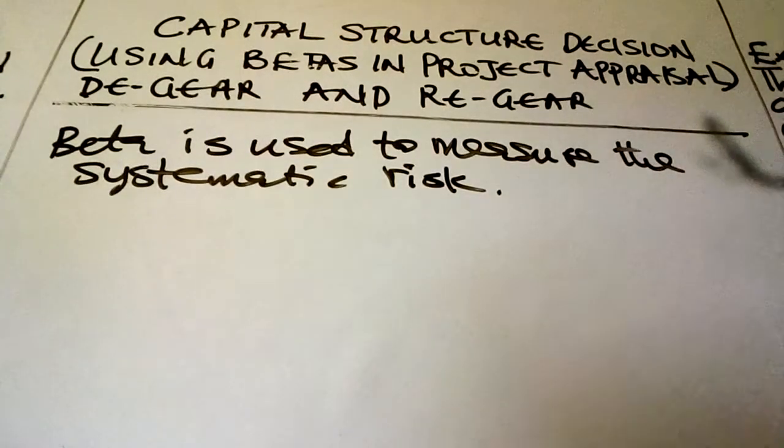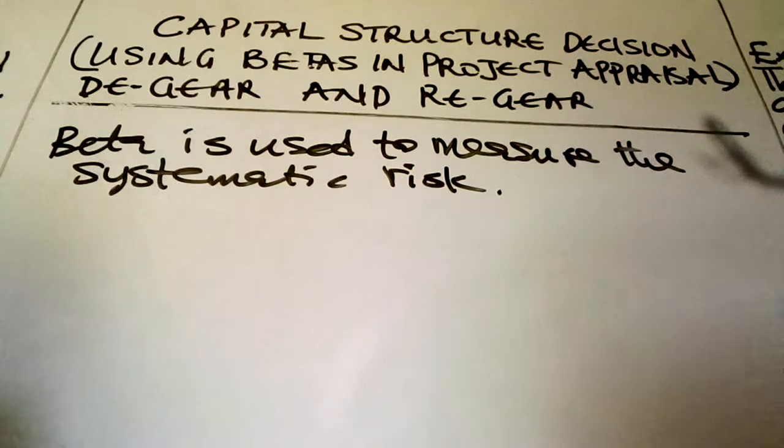I said systematic risk is the risk that cannot be diversified away because it is the risk that affects the market as a whole and all investments in the market in the same way.